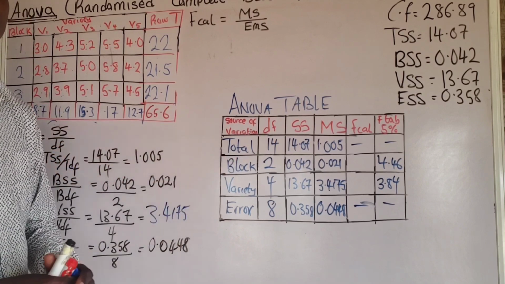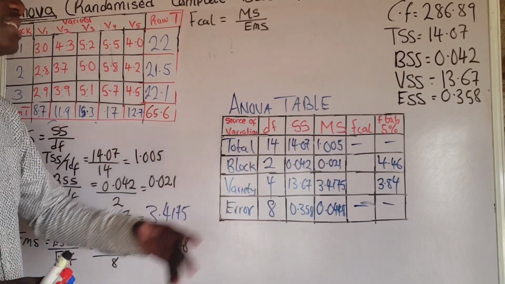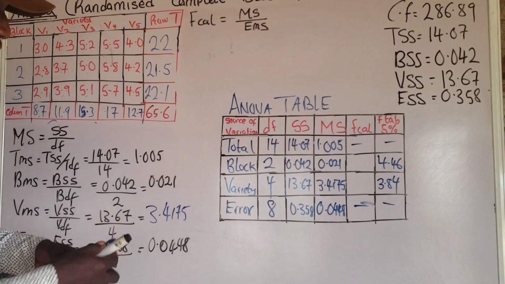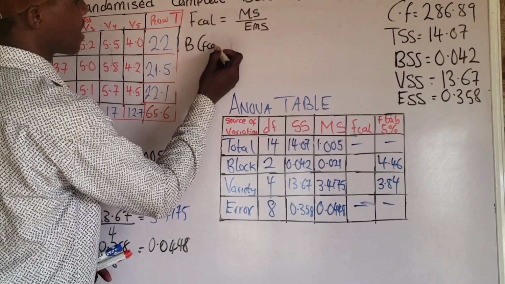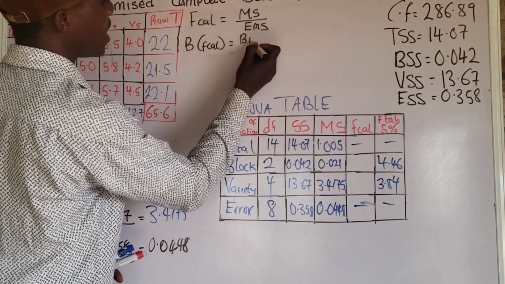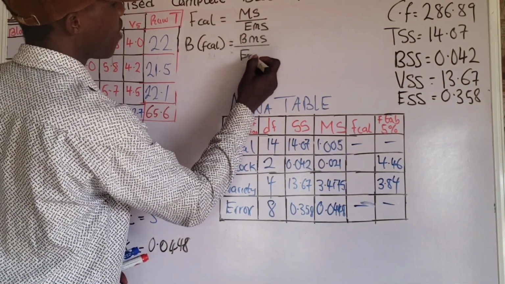Now we want to determine the F calculated of block. The block F cal will be equal to block mean squared all over error mean squared.